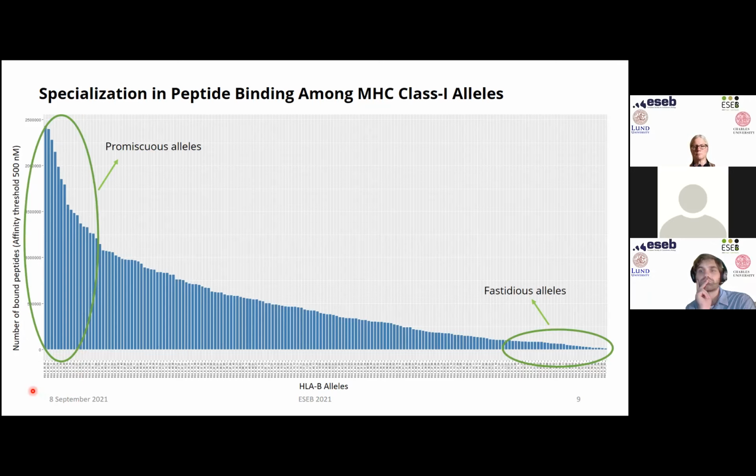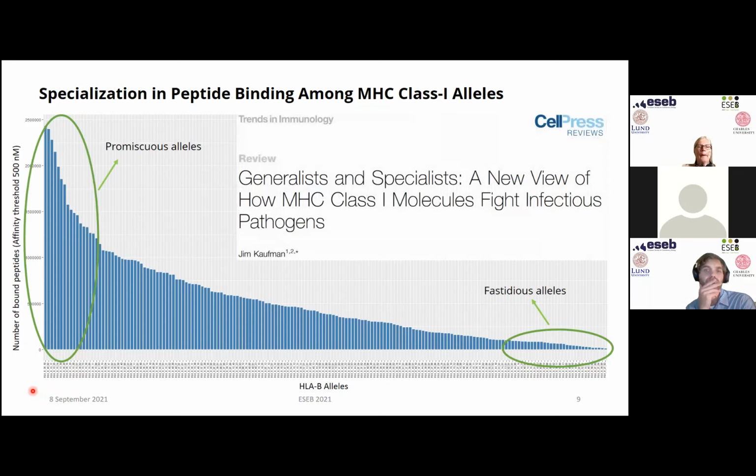One hypothesis that can answer this question is provided by Jim Kaufman, and he will have a talk specifically on this topic tomorrow, I think. So I apologize that I have to give a bit of a spoiler here, but otherwise my results would not make much sense.